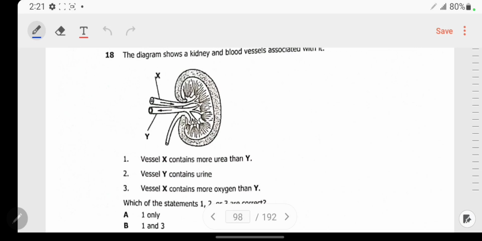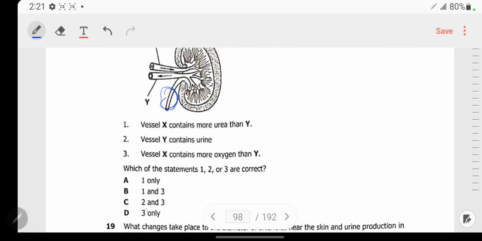Vessel Y contains urine, which is wrong. Urine goes elsewhere. This one is a vein, it carries blood and not urine. So this one is wrong. Vessel X contains more oxygen than Y. Since it's going to the kidney, it has to contain more oxygen than Y, which is correct. So the correct option is 1 and 3.